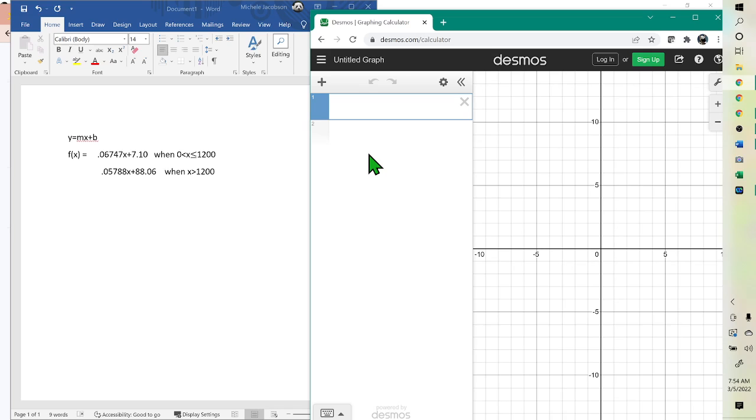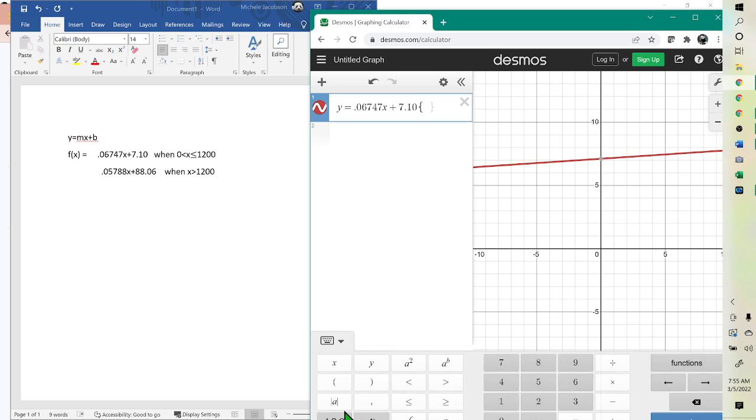Now when you're putting it on here, you put y equals and your equation 0.06747 x plus 7.10. Then you use, it's next to the P on your keyboard, the script symbol.